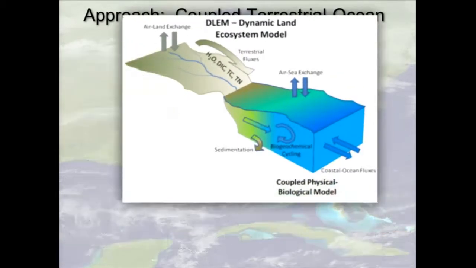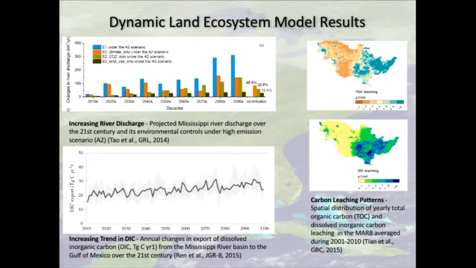And so putting that together, we have a terrestrial model that can feed into this ocean model, and it allows us to look at, first of all, what are the different factors influencing the transport and the composition of materials coming into the system, and then also the consequences for the coastal margin and biogeochemical processes and carbon dynamics.